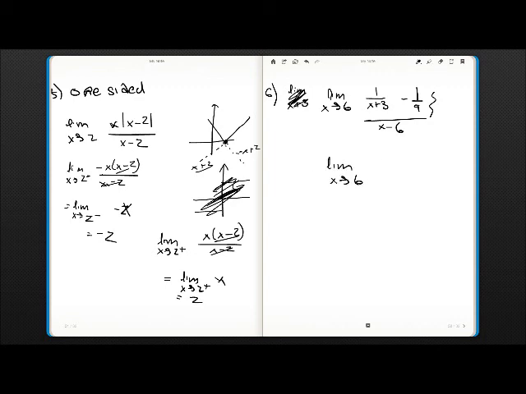X approaches 6. The common denominator would be 9 minus x minus 3, all over x minus 6. But since we are multiplying the top, we have to multiply the bottom too. So this will be 9 times x plus 3. This is kind of looking ugly.